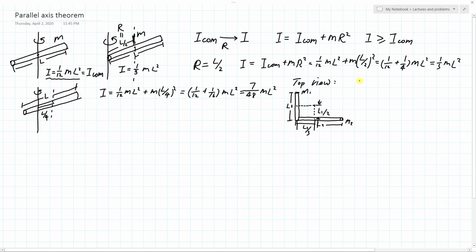So let's say I1 is I1 center of mass plus M1 times the amount of movement, let's call it R1, squared, and I2 is I2 center of mass plus M2 R2 squared. So I total is I1 plus I2.